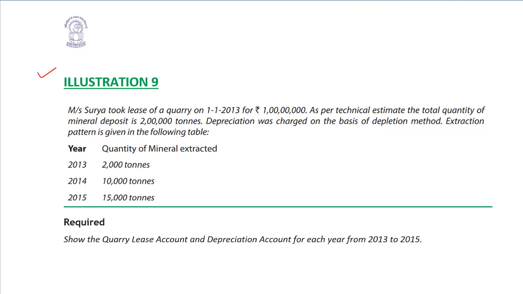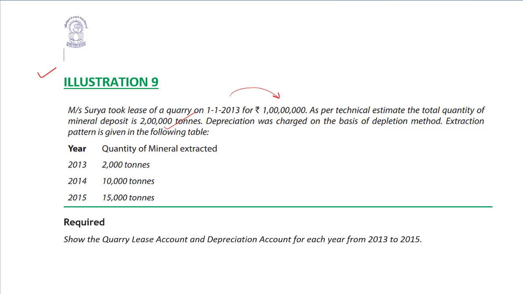Messrs. Surya took lease of a quarry on 1st January 2013 for rupees 1 crore. As per technical estimate, the total quantity of mine deposit is 2 lakh tons. Depreciation was charged on the basis of depletion method.